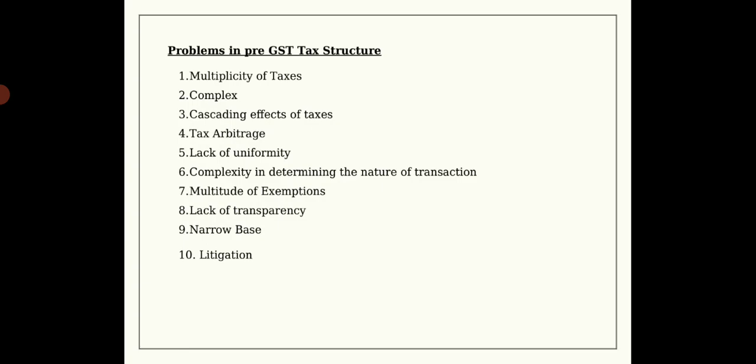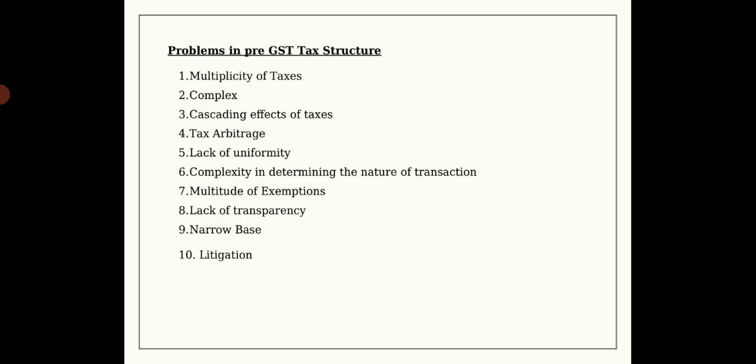The Constitution empowers the central government to levy excise duty on manufacturing and service tax on supply of services. Further, it empowers the state governments to levy sales tax or value added tax on the sale of goods. And this leads to a multiplicity of indirect taxes in the country.